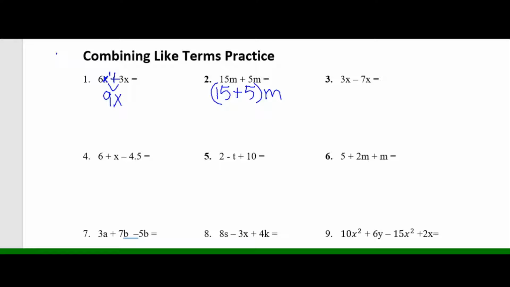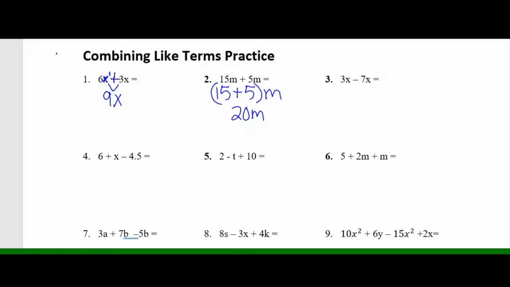You can rewrite it like the distributive property, so you can combine that 15 and that 5. 15 plus 5 is 20, and then you multiply that by m. So you can factor out the variable, and then you can combine the coefficients. Or you could think 15 monkeys plus 5 more monkeys is going to give you 20 monkeys, 20 times m.